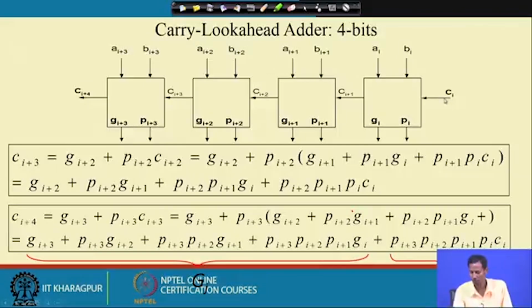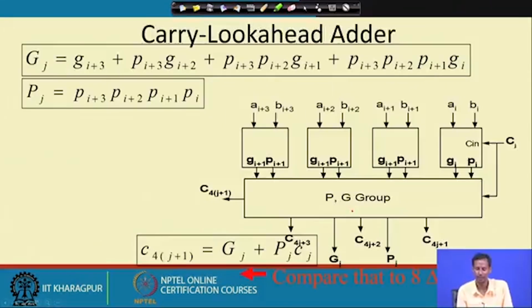This particular expression is for propagation of the carry. Okay. So, if I consider 16, then 16 Pi signals will be considered over here. Okay. So, this is for the carry look ahead adder.